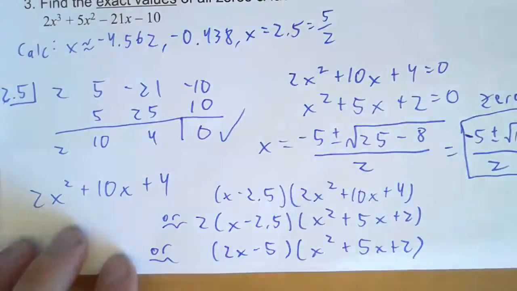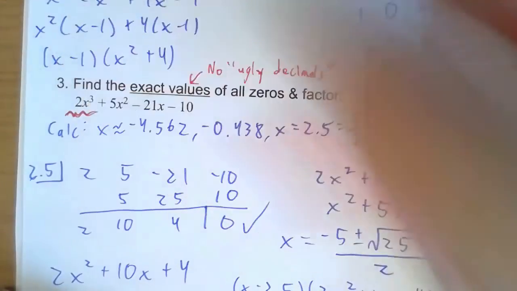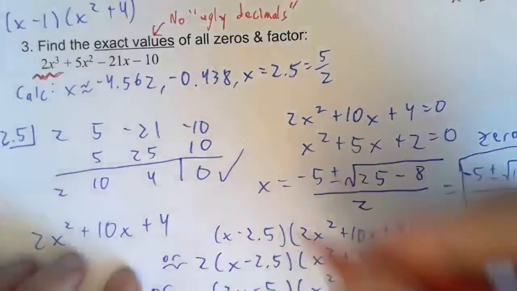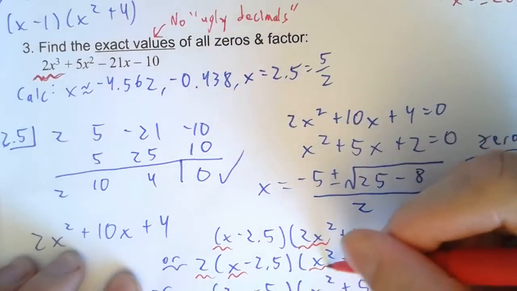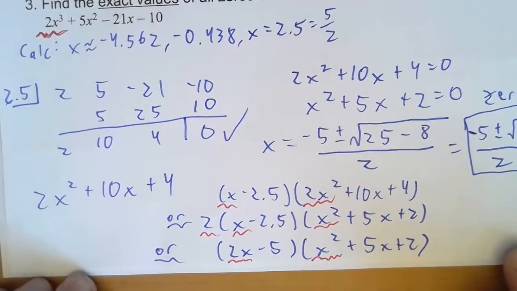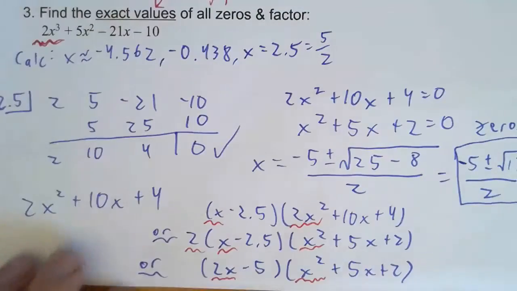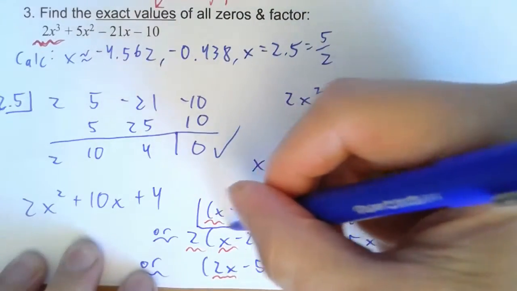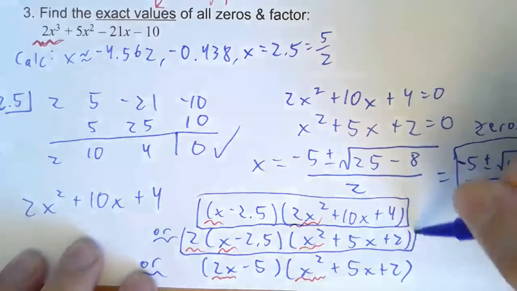Okay, so any one of these are acceptable. Again, just always check and make sure that this leading term is working out. So any way that we do this, we need 2x cubed when we multiply those first terms together. All right, so any one of these is perfectly acceptable for a factorization.